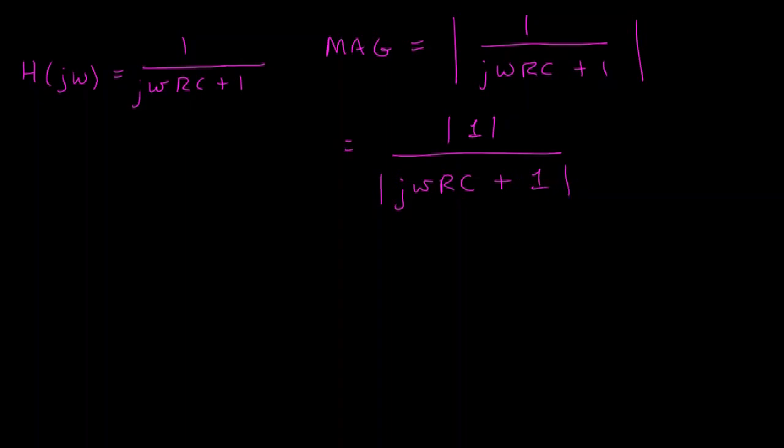Okay, well, we know how to deal with that, so I'm just going to say that's 1 over, and the magnitude of the denominator is just the quantity omega RC squared plus 1 squared, and then that whole thing square rooted.